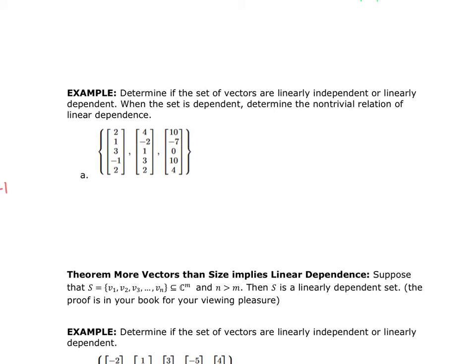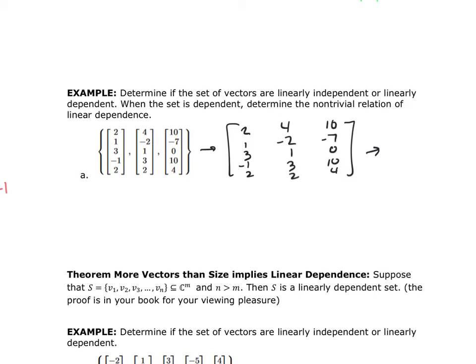They're asking us to determine by our previous theorem, just by inspection, whether or not we have dependence or independence. So once again, what I'm going to do is put this into a matrix. So I have 2, 1, 3, negative 1, 2, 4, negative 2, 1, 3, 2, 10, negative 7, 0, 10, 4.